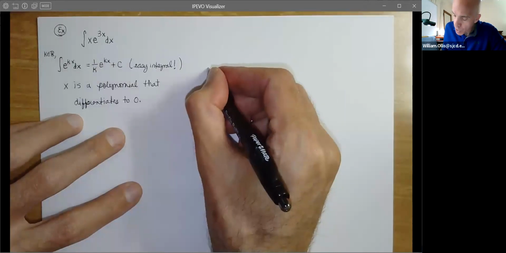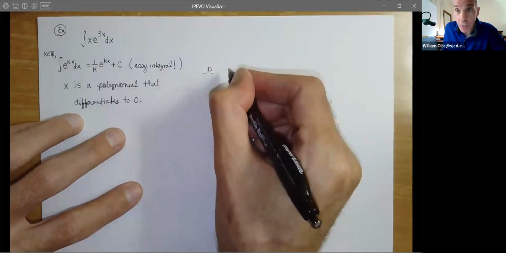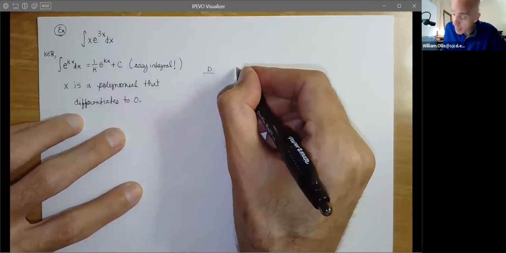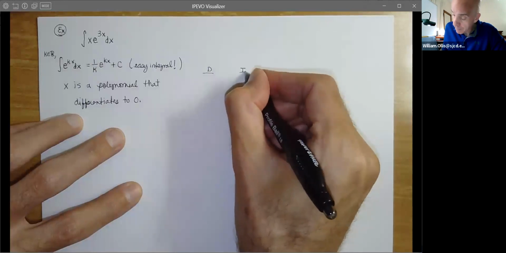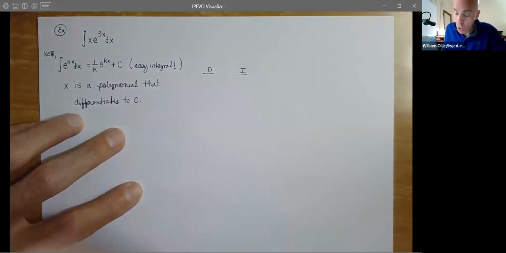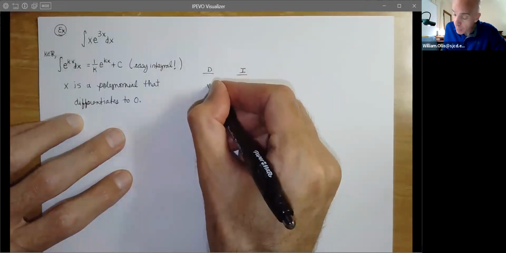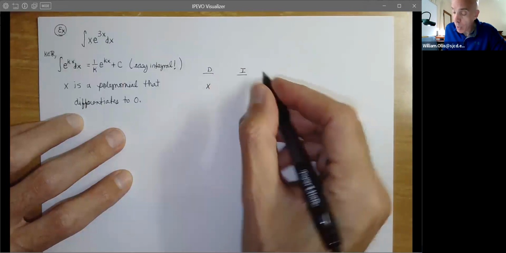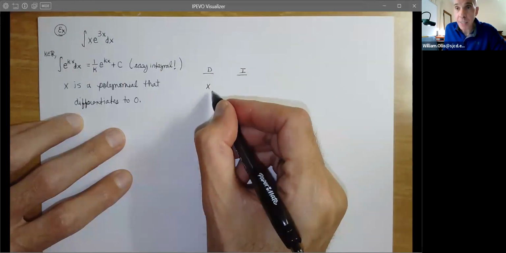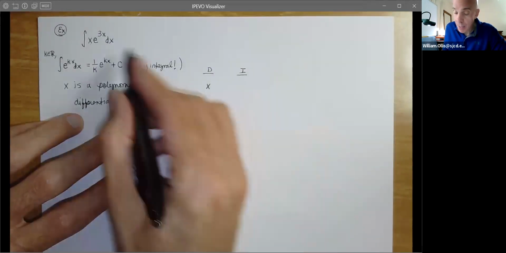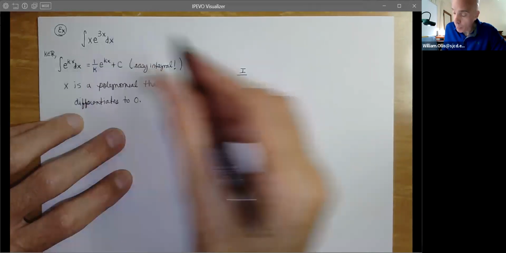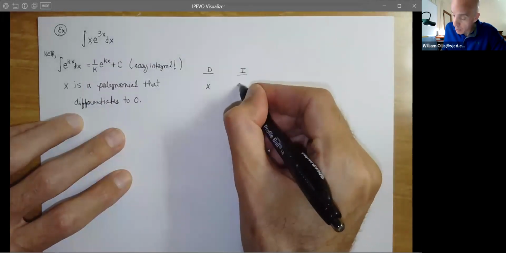First, we're just going to look at it the way we did the last time. So we're going to have d and I. So we're going to take x. So anytime we have a simple polynomial or just a polynomial, we're always going to choose that to be the u. And then the easy integral is just that. We're going to put this here.